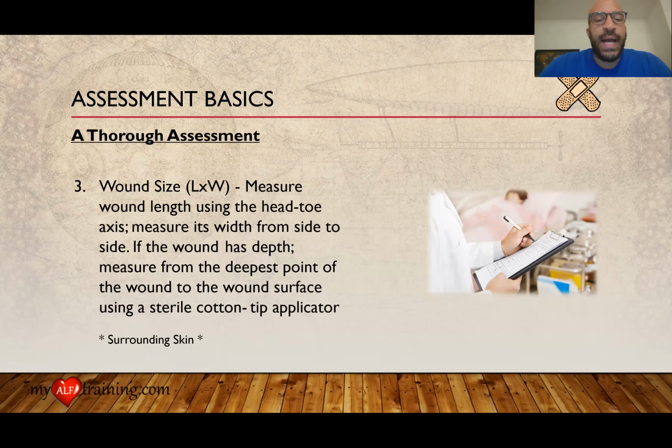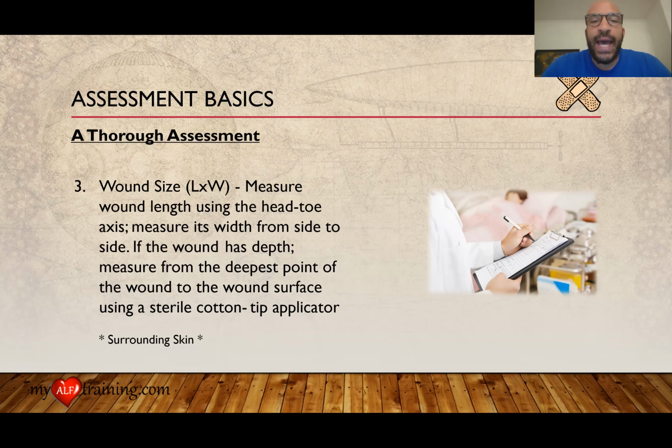So last but not least, the third key component to a thorough assessment when assessing the skin is noting the wound size. So if we do see a wound, we want to make sure we measure it, not an approximate measurement, not taking our finger or some other device and putting it next to the wound and estimating the size.